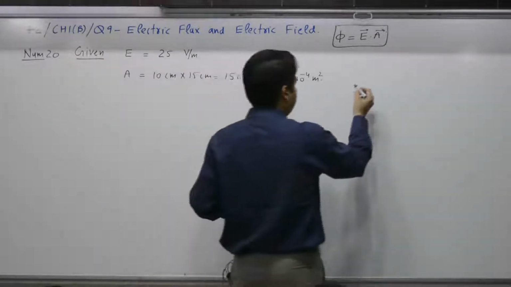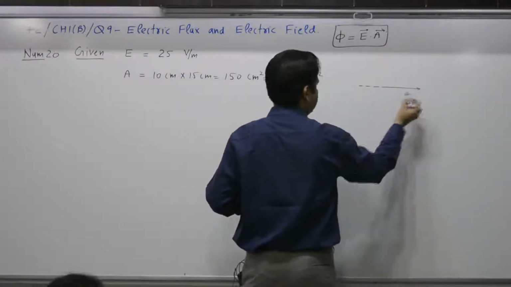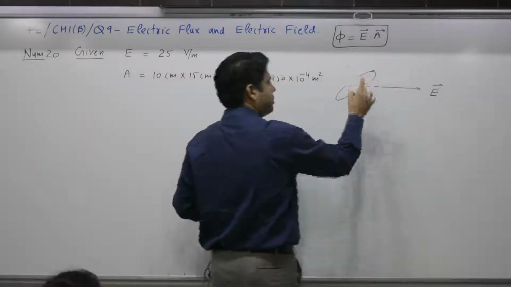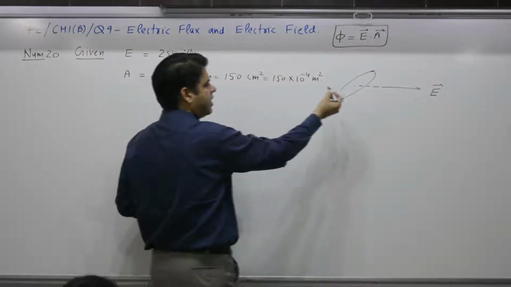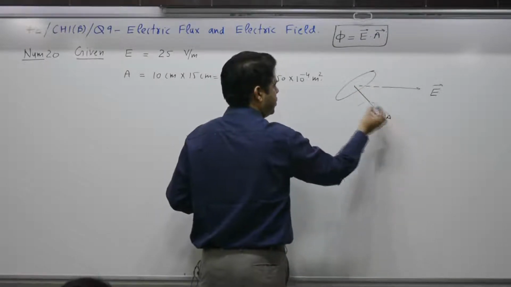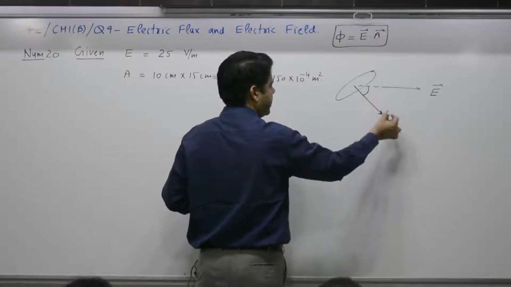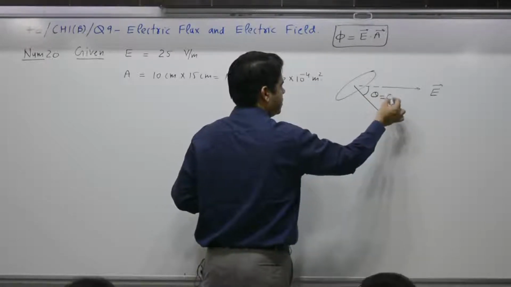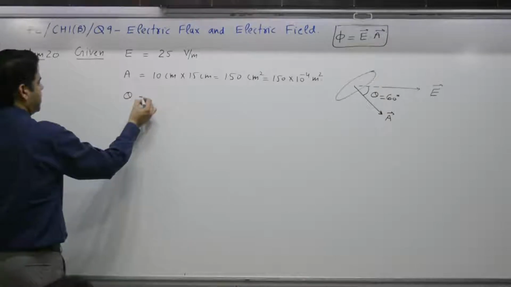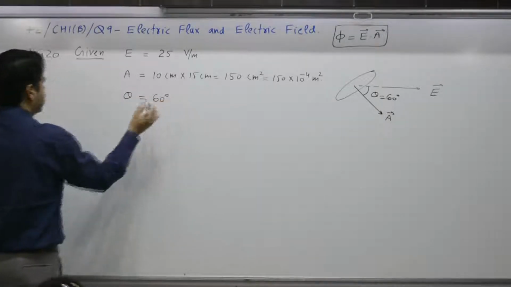So you need to draw a diagram. This is direction of E. This is any area, no doubt. In this case, it is a rectangular area. I am marking it as a ring. Not a problem. Perpendicular to this area, A. Angle between the two, 60 degree. Theta is also given as 60 degree.